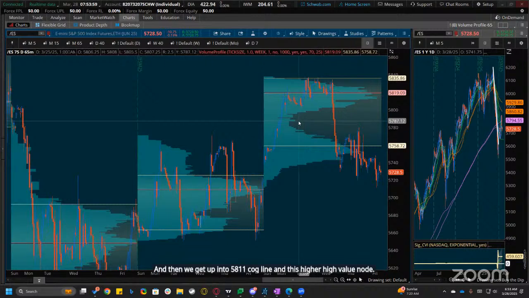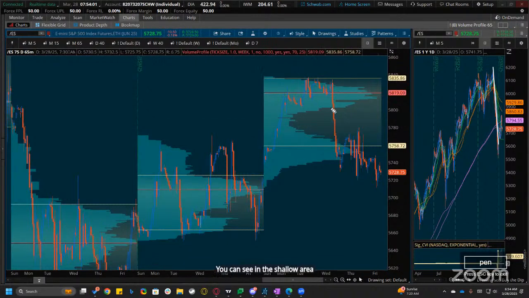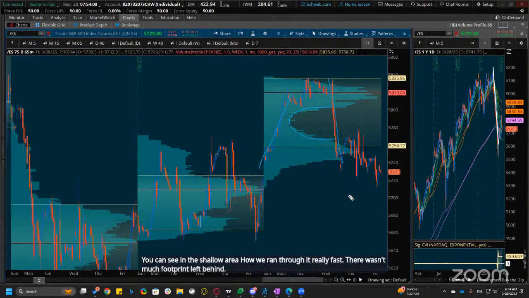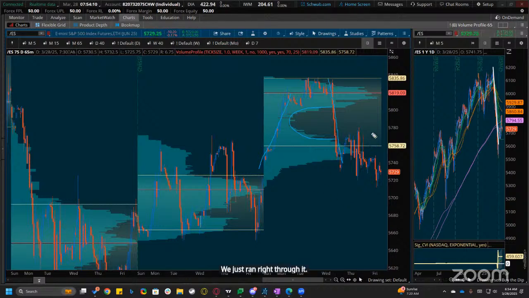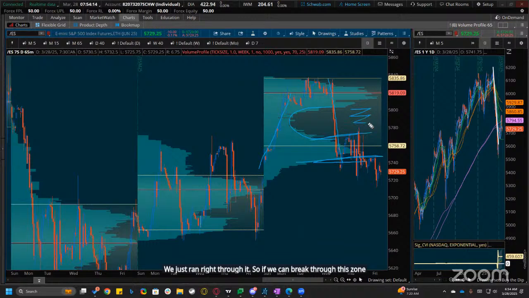You can see in the shallow area how we ran through it really fast. There wasn't much footprint left behind. We just ran right through it. So if we can break through this zone, we should move through this area relatively easily. It'll just be getting hung up on that higher edge.